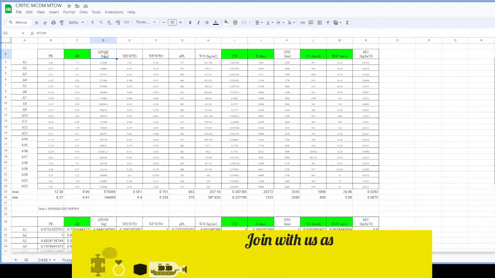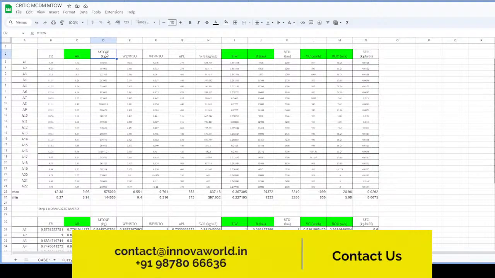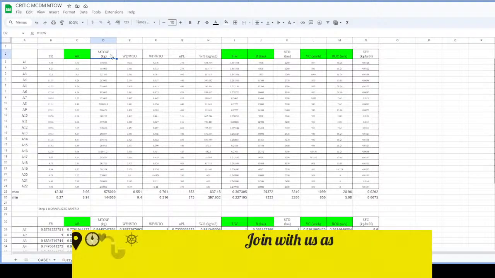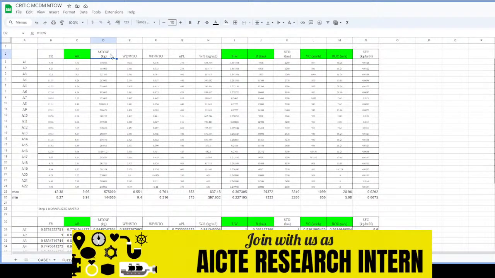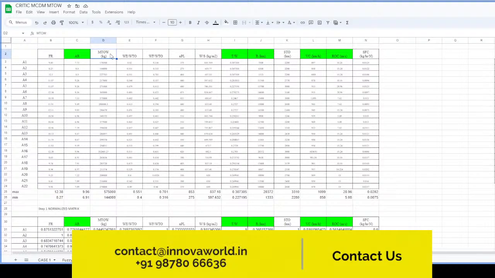And the best example I can give: suppose you're analyzing the profit of a certain company. Of course any company wants more profit. So if some criteria has to be more, that falls under a beneficiary criteria or benefit criteria.